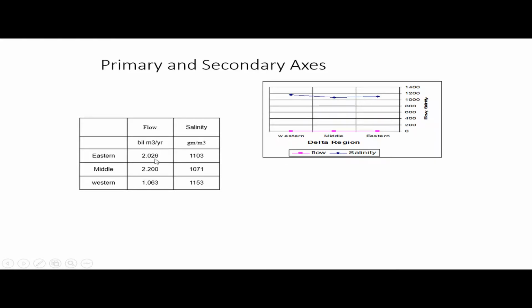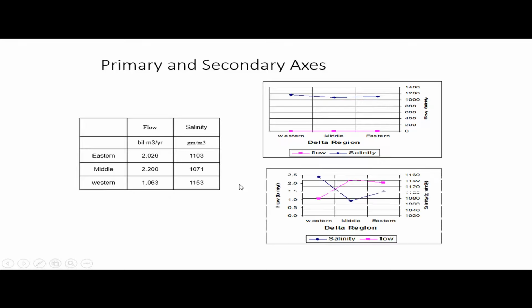You cannot read the flow in billion cubic meter because we are using only one y-axis. To solve this problem, you have to plot this column and this column in 2 different y-axes this way.